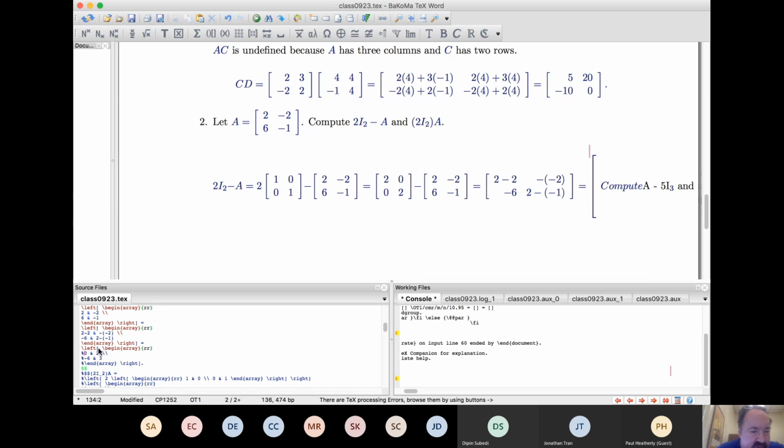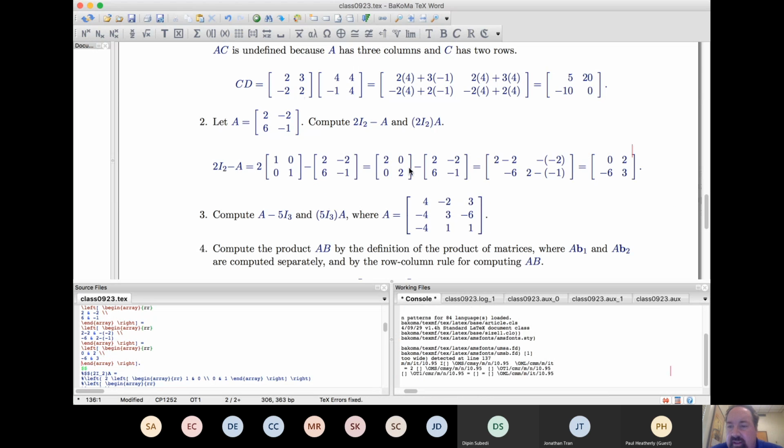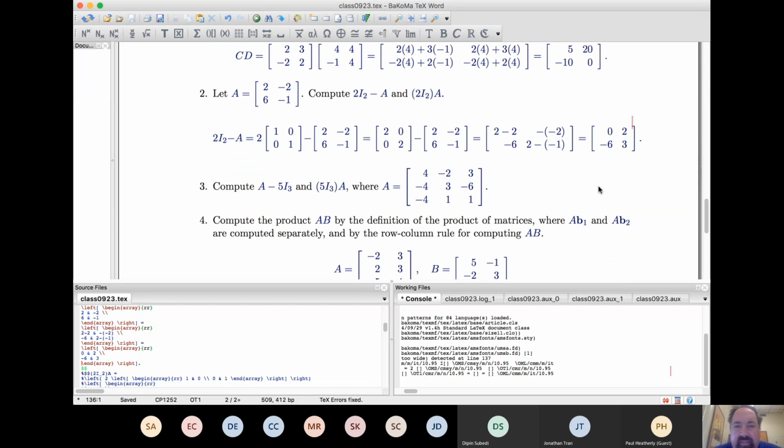So then once we carry that out, okay. So then here's the final result. I think I'm so accustomed to subtracting multiples of identity from matrices that out of habit I just kept doing that.